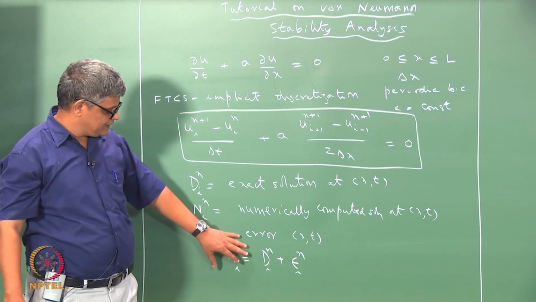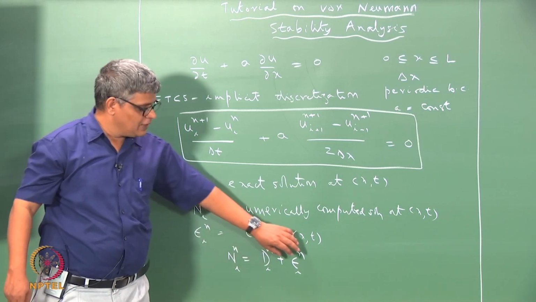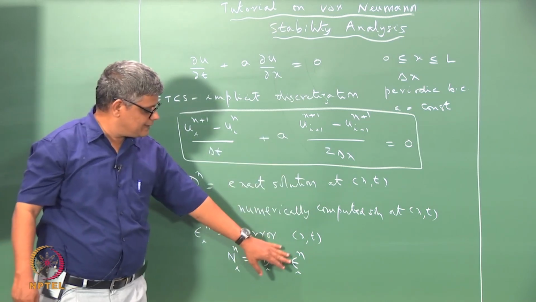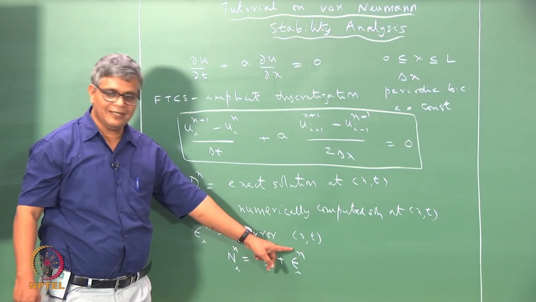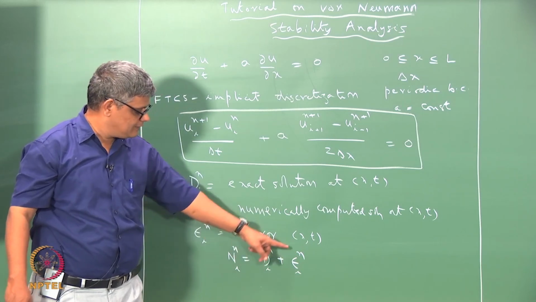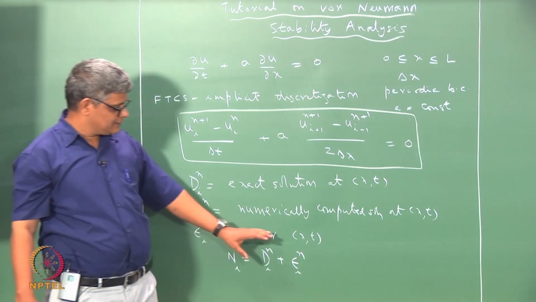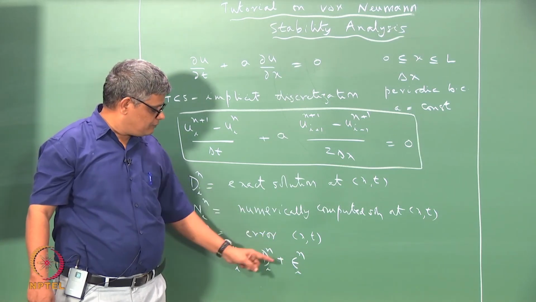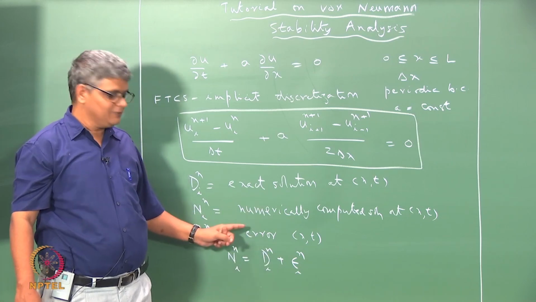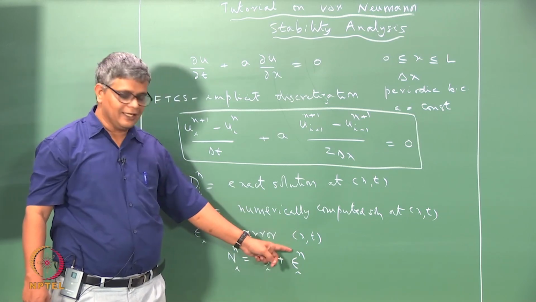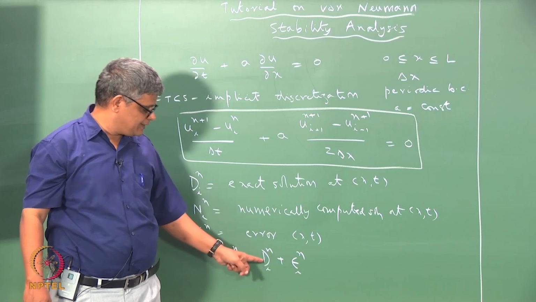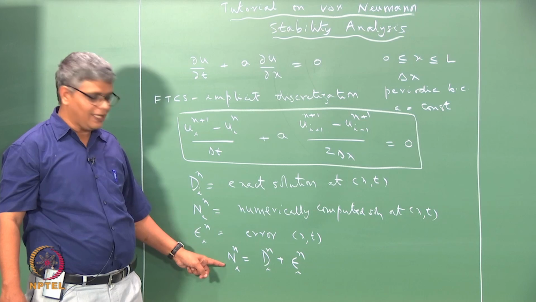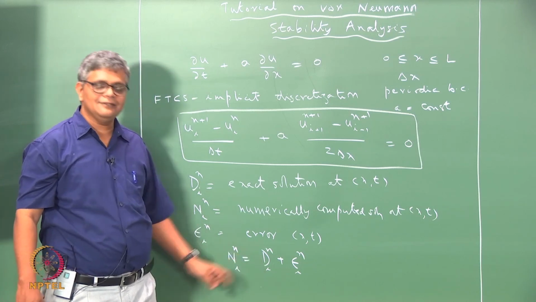What this means is that we have an exact solution plus an error which is changing at a particular location with time, because as n changes, it changes. And if the scheme is such that this error can accumulate, then if we run enough number of these time steps, the accumulated error may become much bigger, so as to give us a computed solution N which does not look like D.